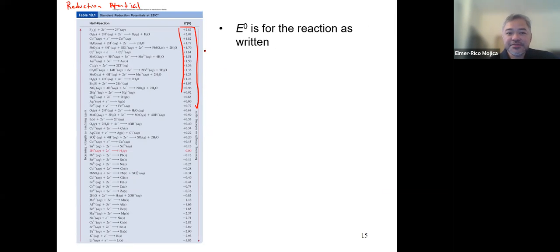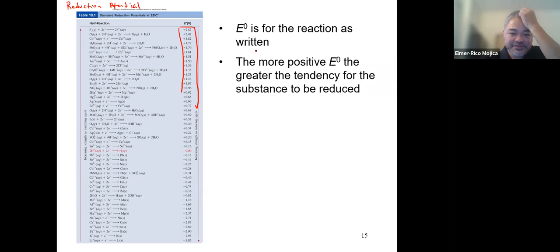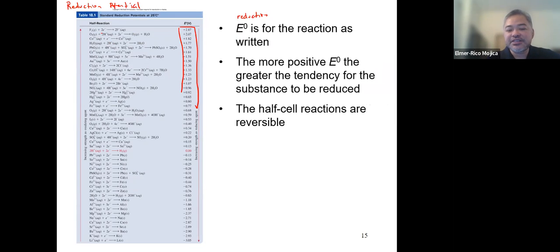The cell potential is for the reaction as written. The E-naught here is the reduction potential, just to be specific. Each of these is for this reaction. The more positive the reduction potential, the greater the tendency for the substance to be reduced.